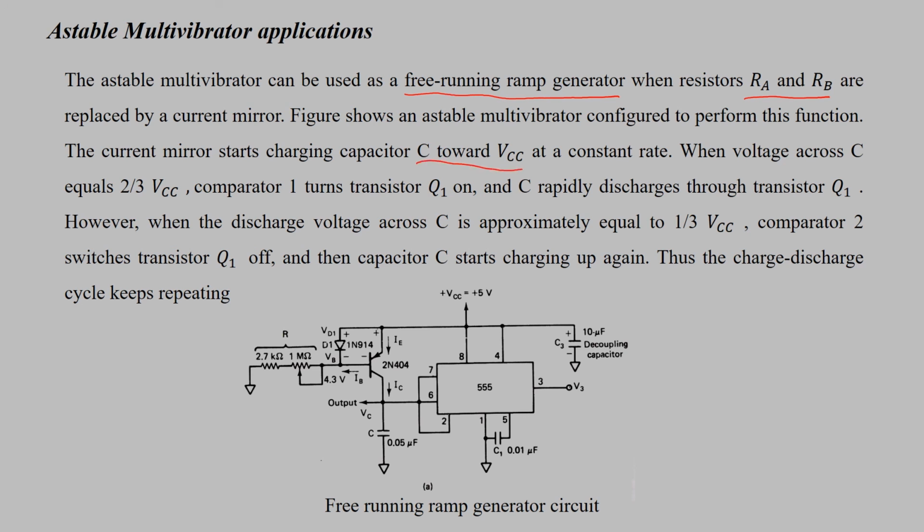When the voltage across C equals 2/3 VCC, comparator 1 turns transistor Q1 on and C rapidly discharges through this transistor Q1. However, when the voltage across C is approximately equal to 1/3 VCC, comparator 2 switches transistor Q1 off and then the capacitor C starts charging up again. This charge discharge cycle keeps repeating.